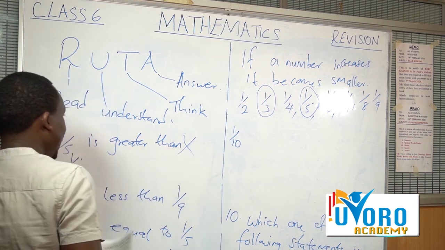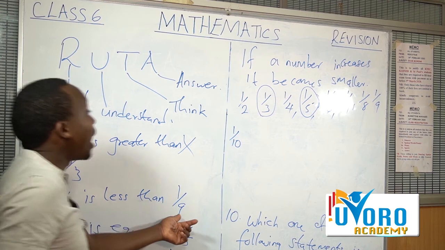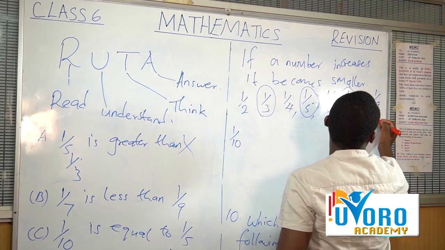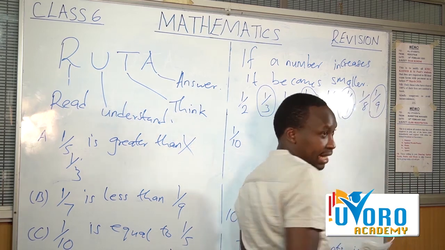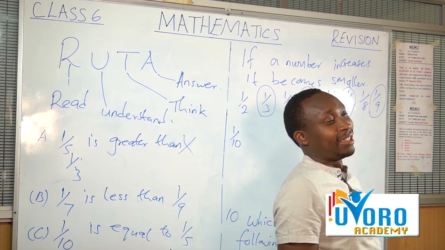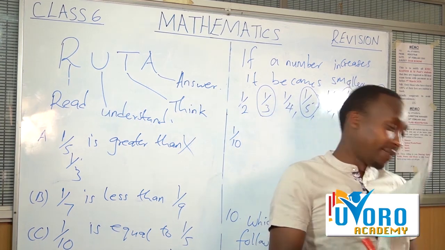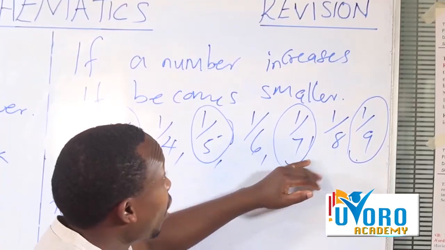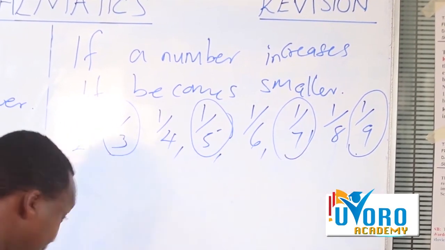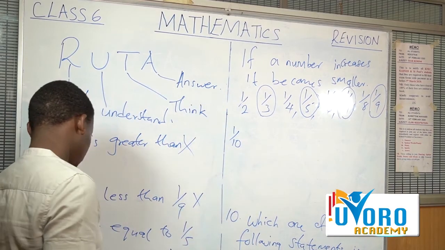So, that answer qualifies to be wrong. 1 over 7 is less than 1 over 9. 1 over 7 is smaller than 1 over 9. Is this true? Yes, very good. Now, for our case here, 1 over 7 is the one that is greater. So, this one qualifies to be wrong.